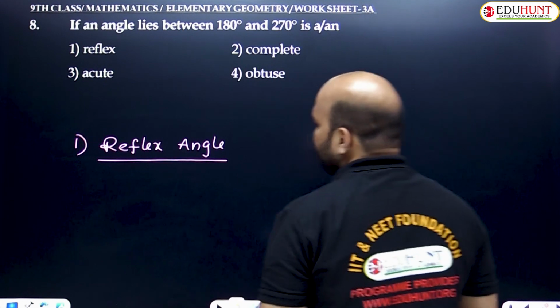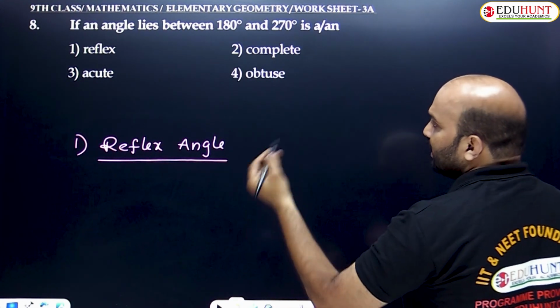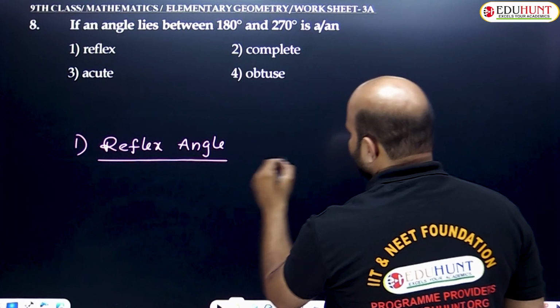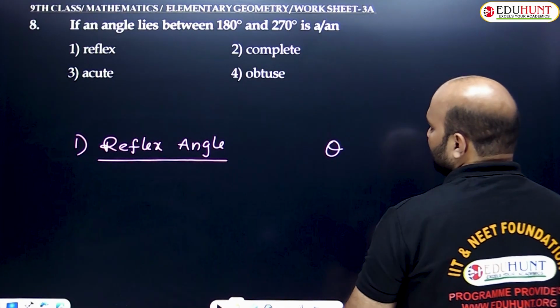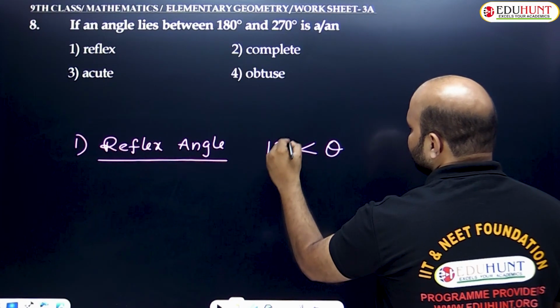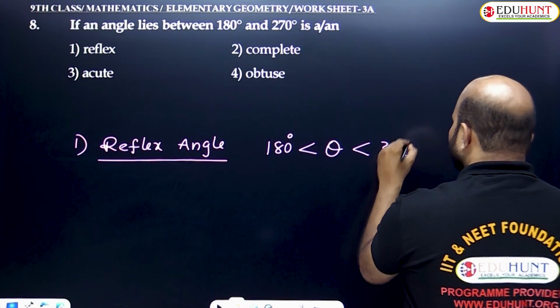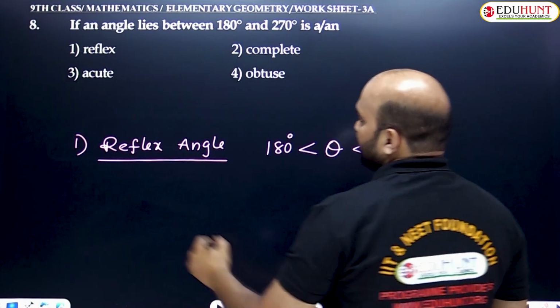An angle which is more than 180 and less than 360 is called a reflex angle. Let theta be the angle. It is more than 180 degrees and less than 360 degrees. Am I clear?